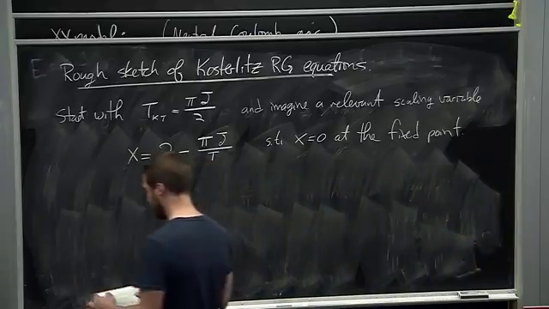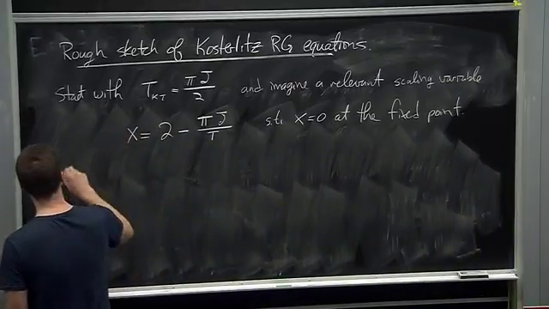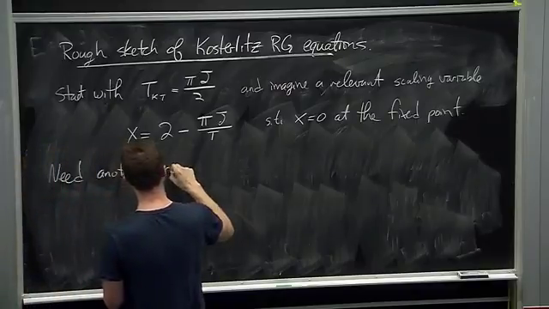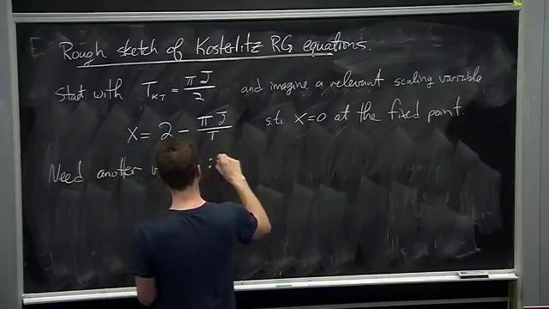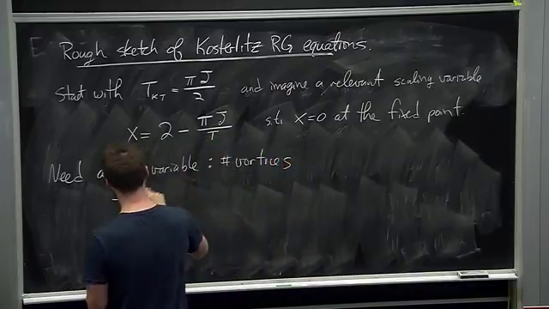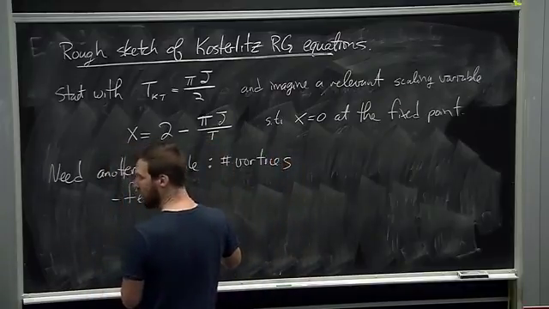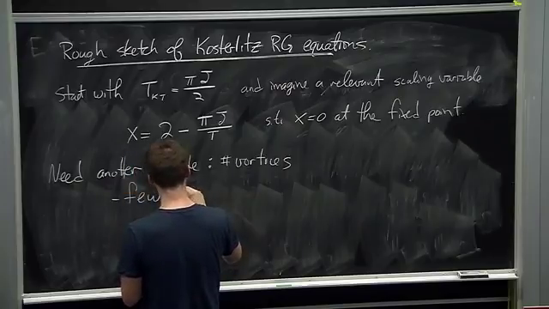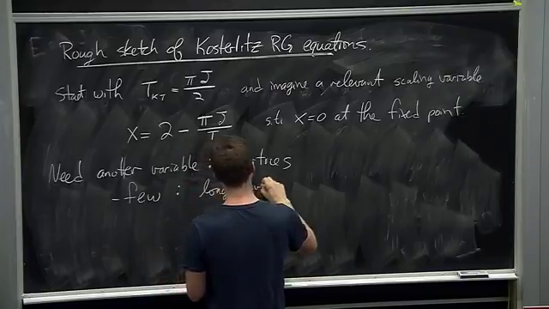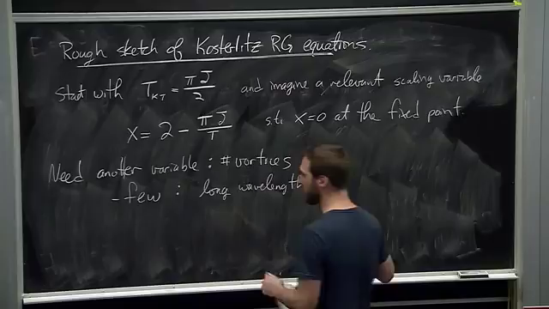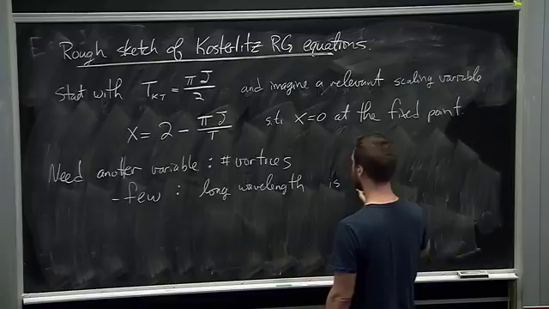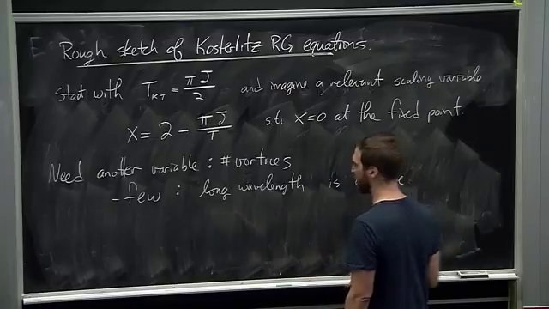So if there's few vortices, which one is that? So then it's like the long wavelength physics is fine. So Mermin-Wagner, spin waves. Whatever.